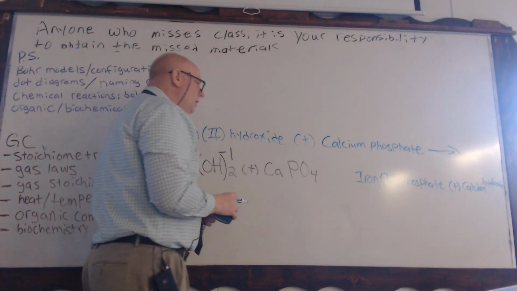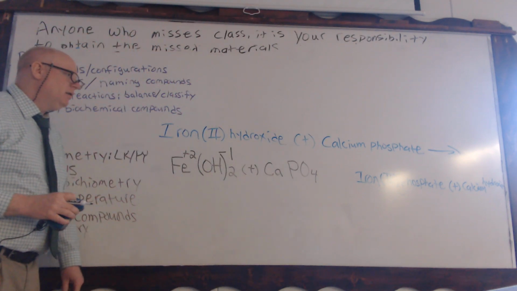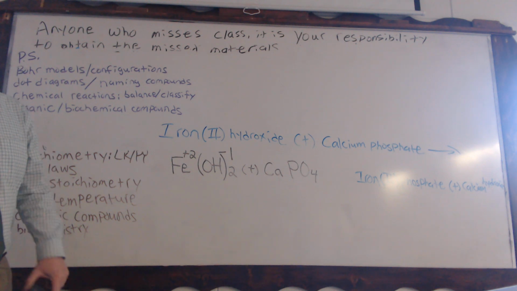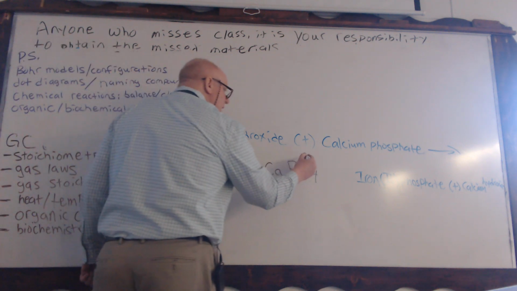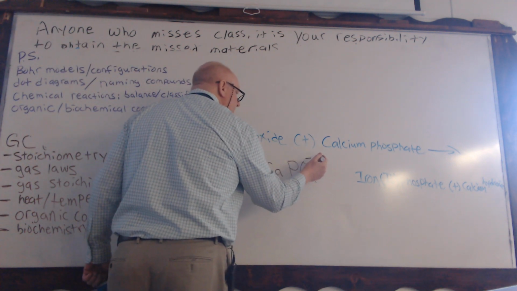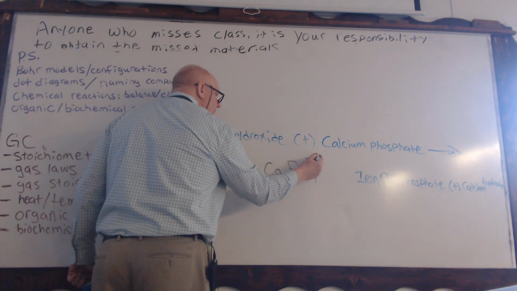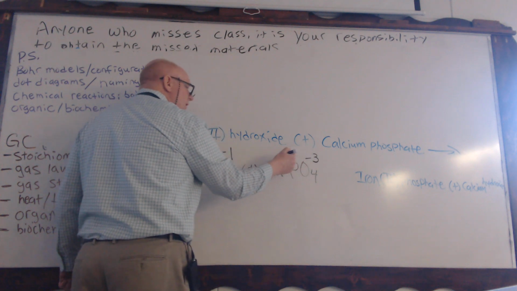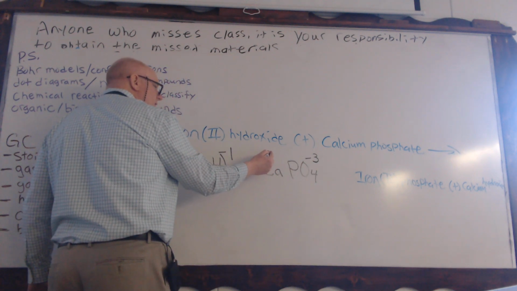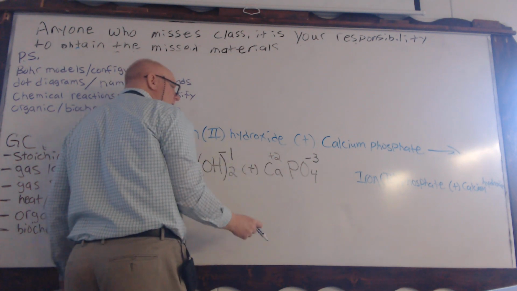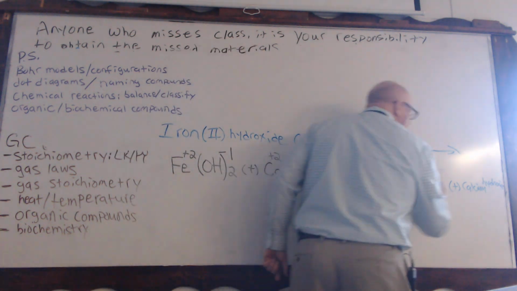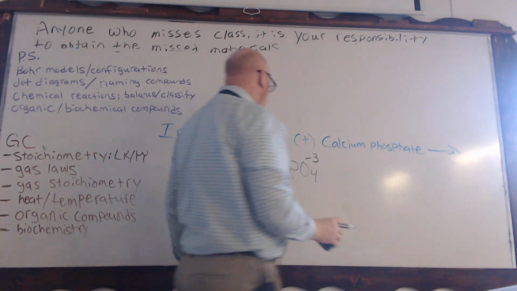Okay. Go by the charge of a negative ion, and phosphate has a charge of negative what? Do we know? Okay, what does calcium have for a charge? Okay, so we can get rid of this. I believe everyone would have that written down.